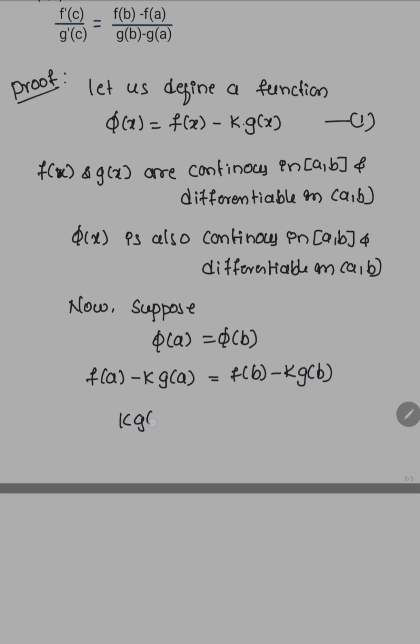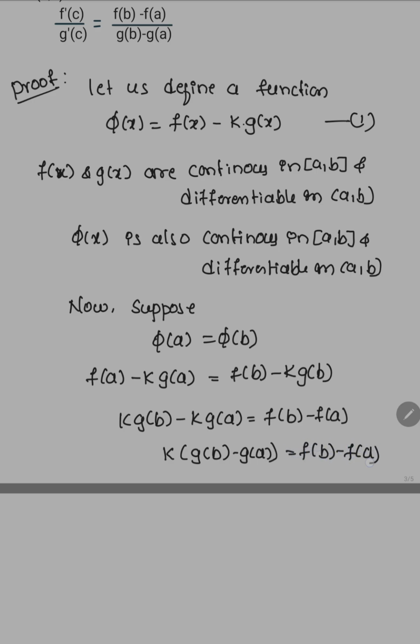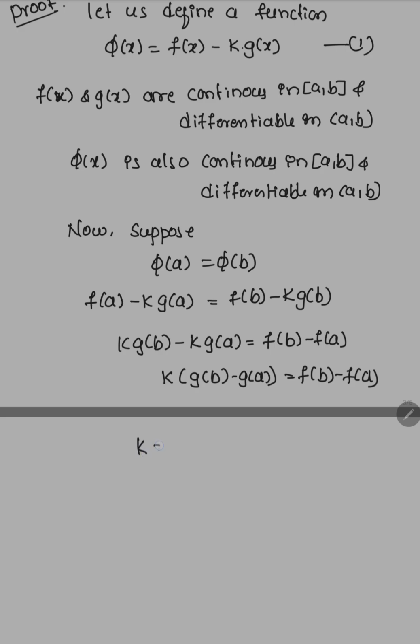So k into g of b minus k into g of a equals f of b minus f of a. So k is common, k into g of b minus g of a equals f of b minus f of a. So k equals f of b minus f of a divided by g of b minus g of a.